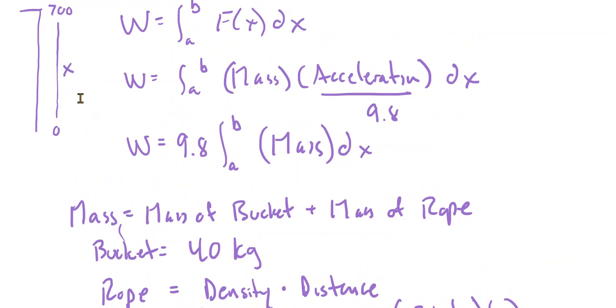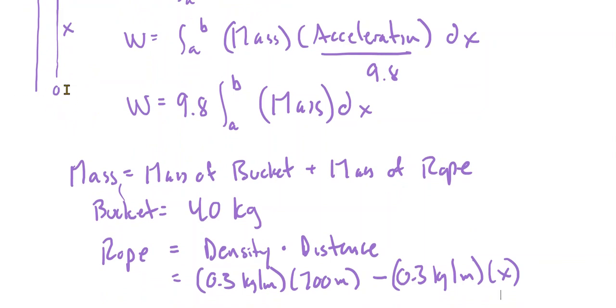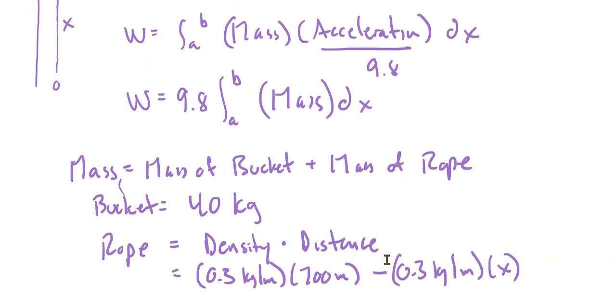So when x is equal to 0, we're at the very bottom of the building on the ground. So we would subtract 0 kilograms from the mass of the rope, and we would just have the 0.3 times 700. When we've pulled the bucket up 1 meter, we would subtract the 1 meter's worth times 0.3 kilograms per meter.